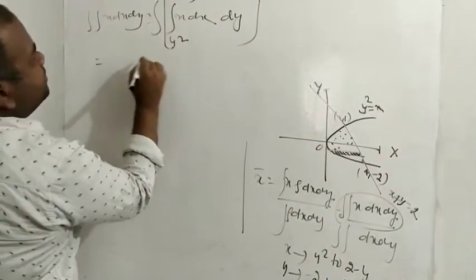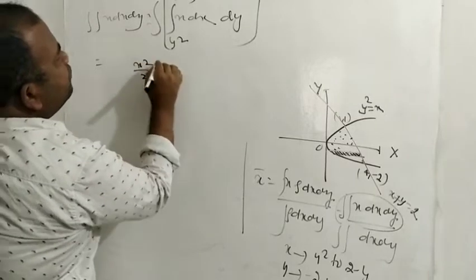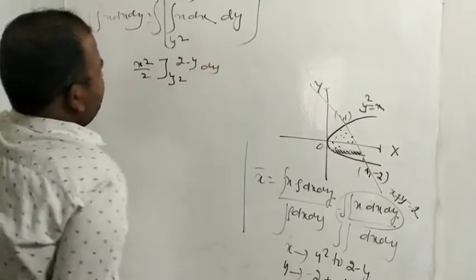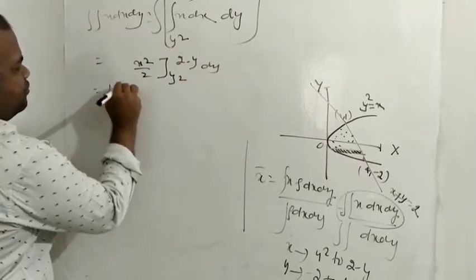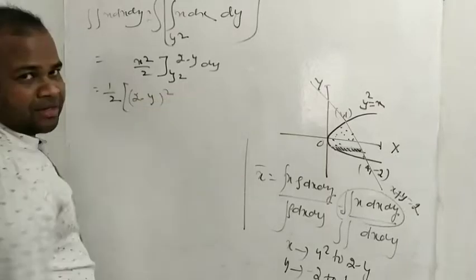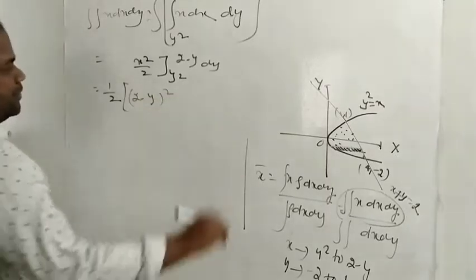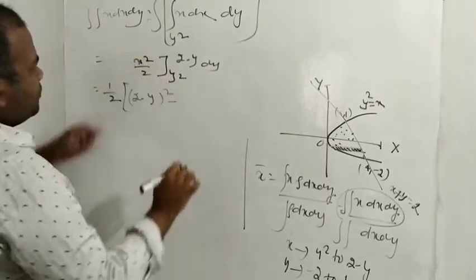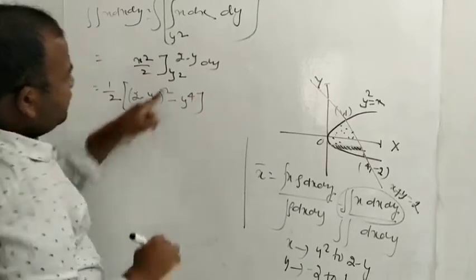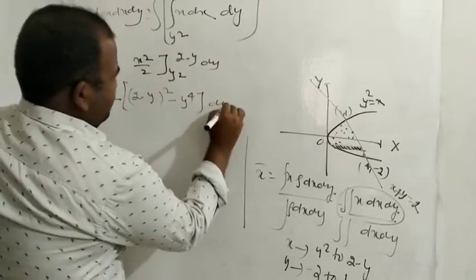So this is x square by 2 from y square to 2 minus y, into dy. So 1 by 2 taken outside, and this is the upper limit (2 minus y) whole square minus (y square) whole square, which is y raised to 4, upper limit minus lower limit, into dy.